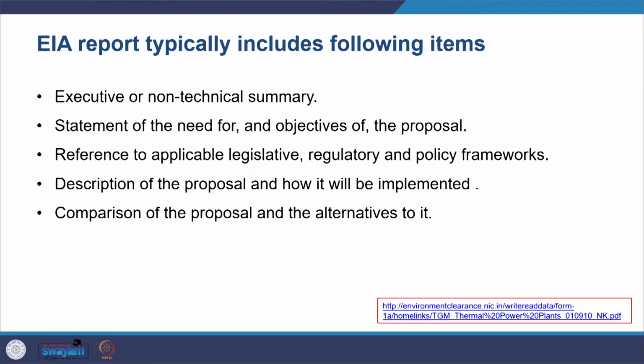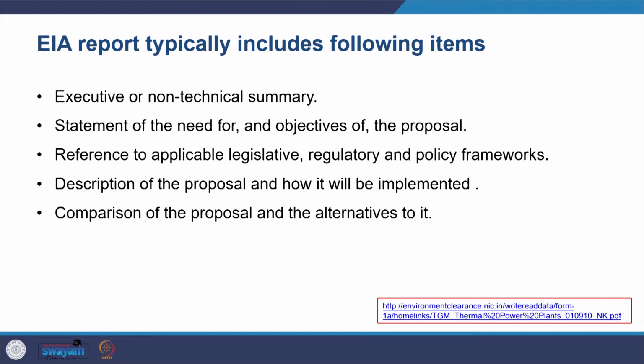So EIA report, like we have already seen, includes many components. Here you see that it should have an executive or non-technical summary, which would probably be used for the public communication document. So you see the importance of the executive or non-technical summary.